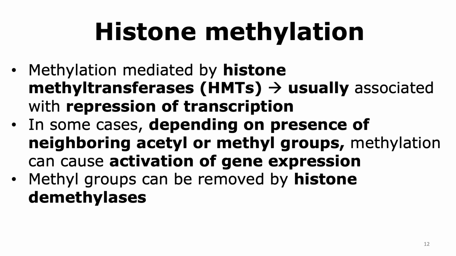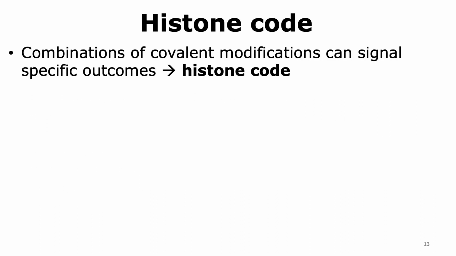Methyl groups can be removed by a family of enzymes, which are the histone demethylases. It's good to know that there is a concept now emerging of the histone code. The histone code basically means that there are combinations of covalent modifications on a histone that can signal very specific outcomes.